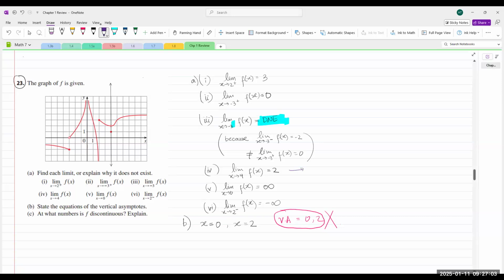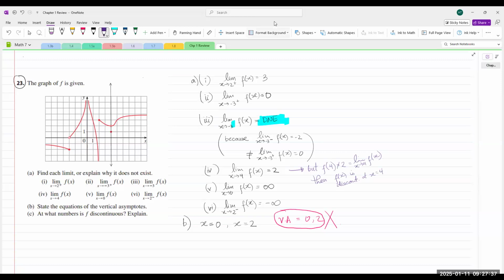The limit exists, but because f(4) is not equal to 2, which is the limit, then the function is discontinuous at x equals 4. But the limit still exists. The limit is still 2.